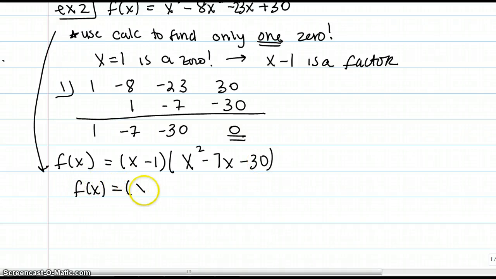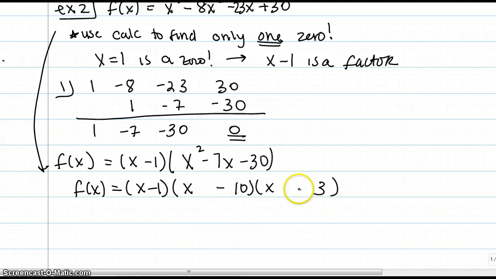So my first factor is still x minus 1. And then I need to use my guess and check method to find two numbers that multiply to -30 and add to -7. Well, 10 and 3 multiply to 30. And if I do negative and positive, I have -10 plus 3, which gives me -7. So fully factored, this is my polynomial.